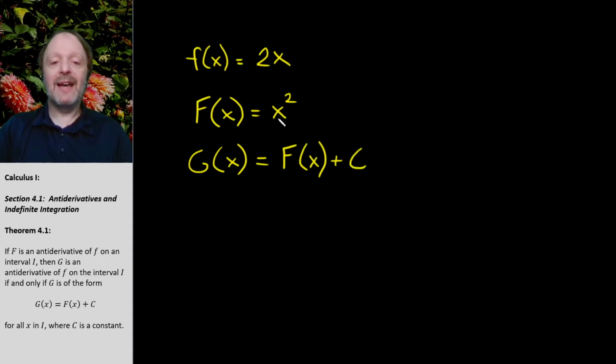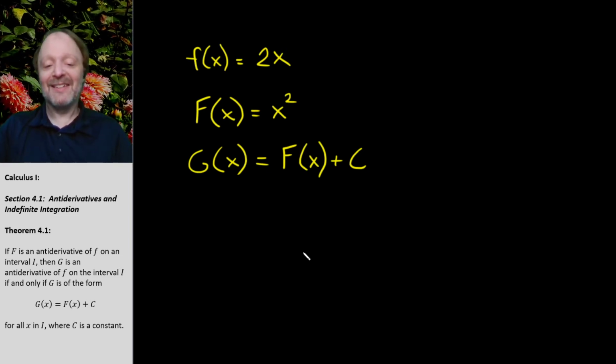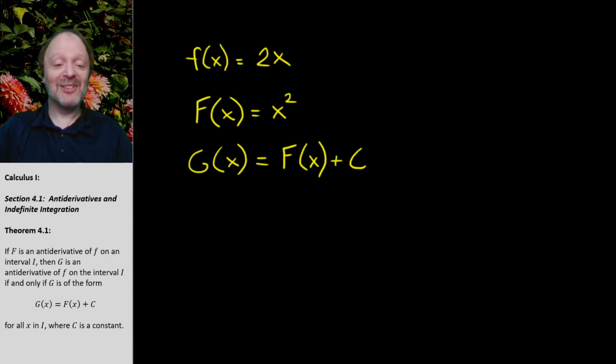In other words, x squared plus any constant is also an antiderivative. Like I say, it's not as bad once you break it down, but boy, do I not like the way this book words that at all.